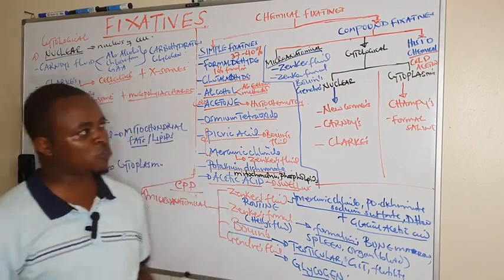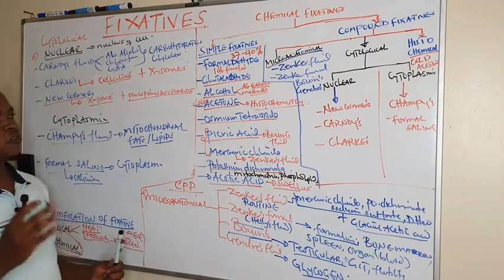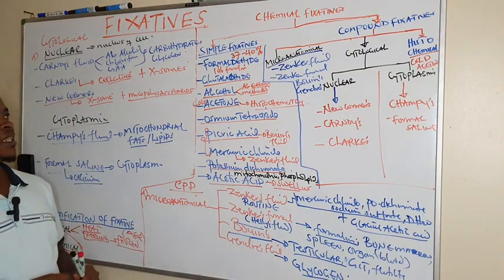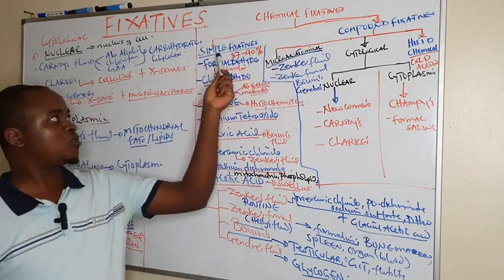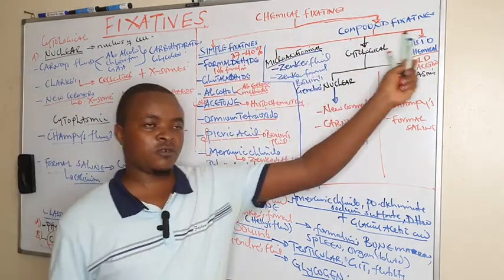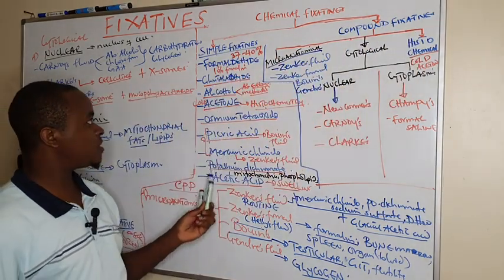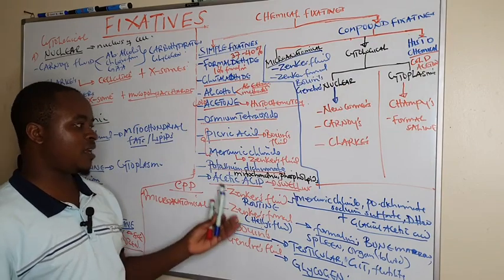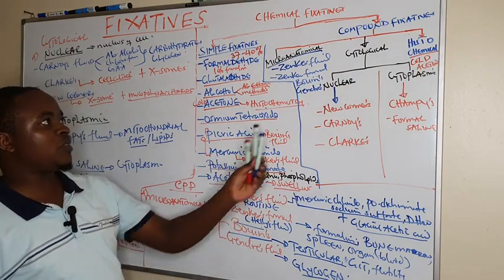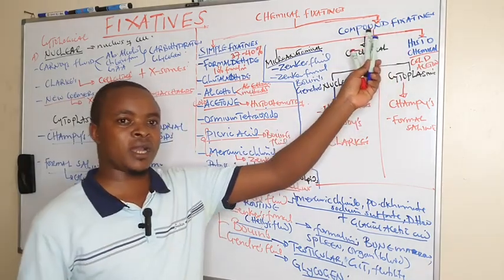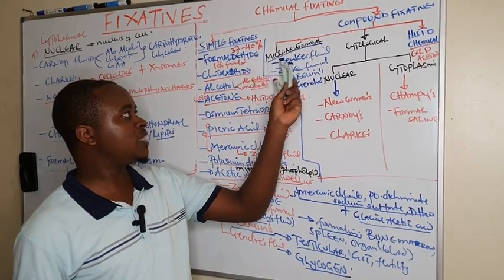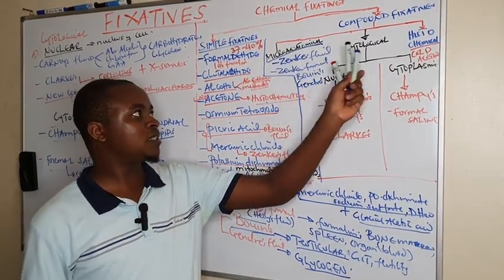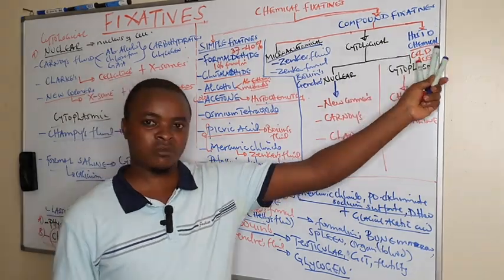So thank you so much for listening, whereby we are concluding by seeing that in the classification of chemical fixatives, we have what we call simple and compound. We have given examples of simple fixatives and their significance. From there, under compound, which has more than one, we have seen they are categorized further into three, that is microanatomical, cytological, and histochemical.